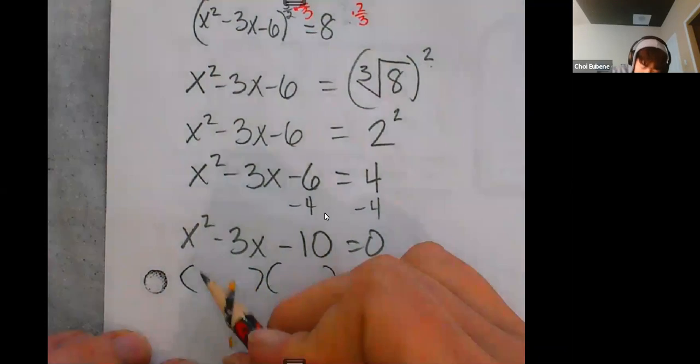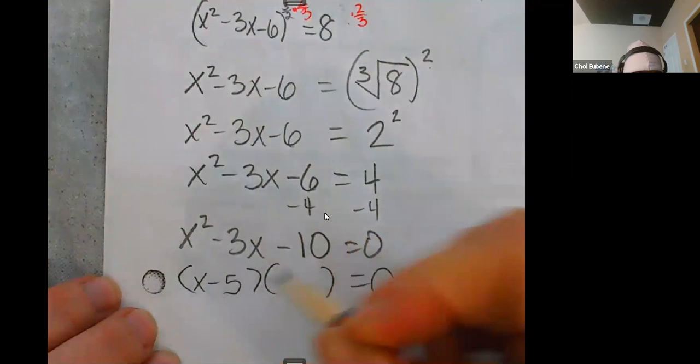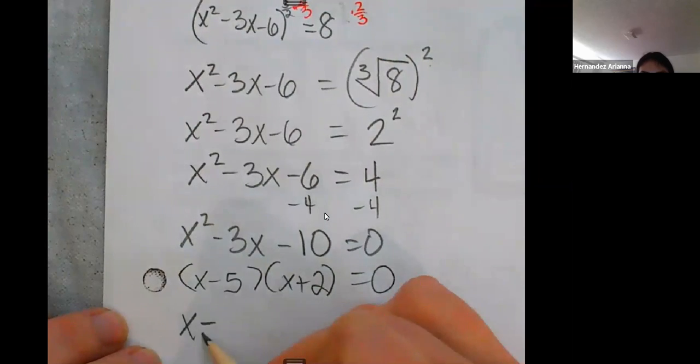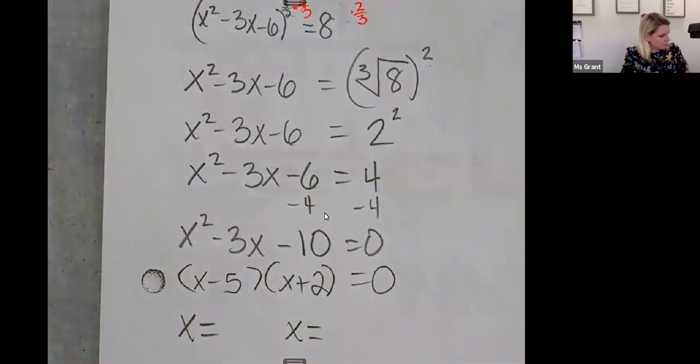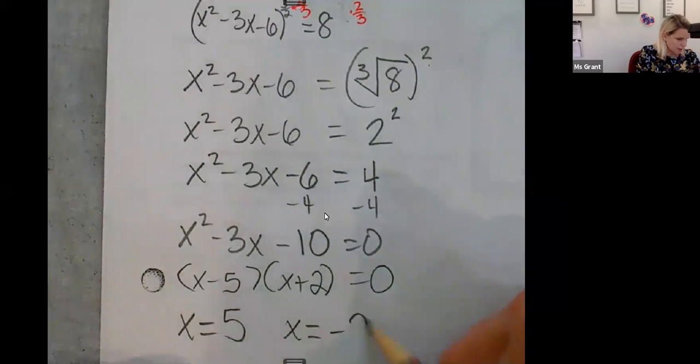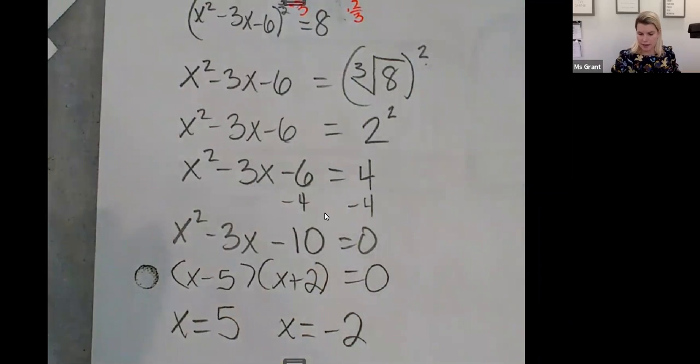In the first parentheses, it'd be x minus 5. And in the second parentheses, it'd be x plus 2. Awesome. My two solutions are what and what? Mila. 5 and -2. Great job. Okay, really good. All right, let me stop the recording.